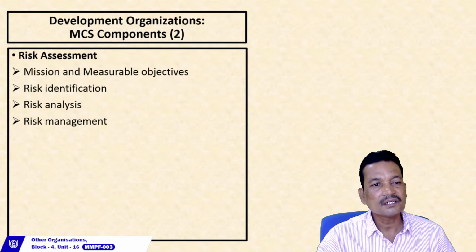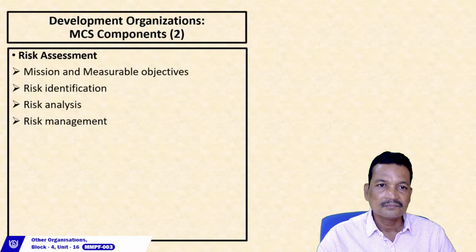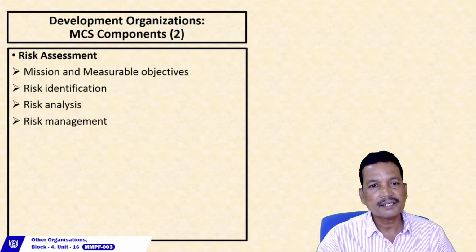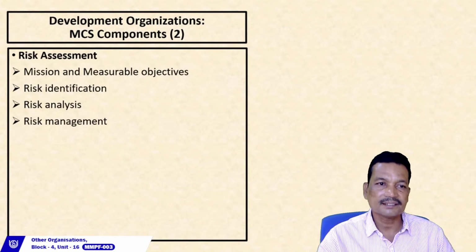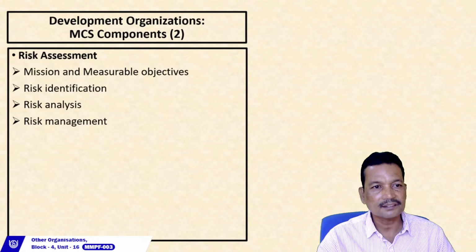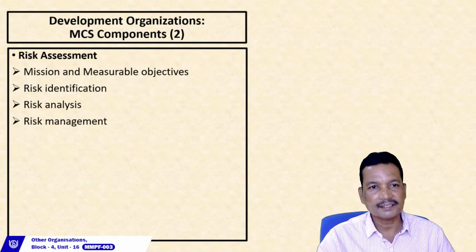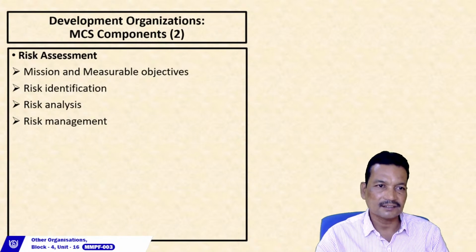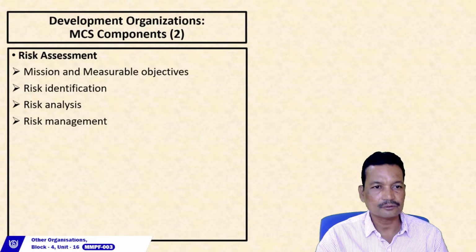Second is the risk assessment. Now, when we undertake developmental activities, we cannot always say that they will give the desired results. However, in anticipation of desired results, organizations go forward with developmental activities. For that, we assess the risk also.